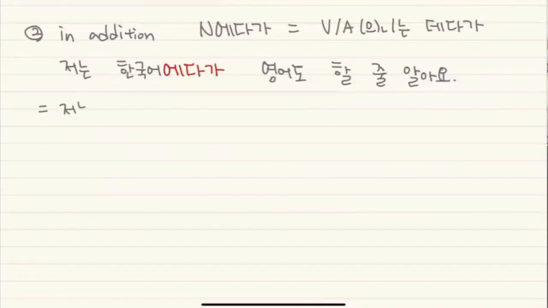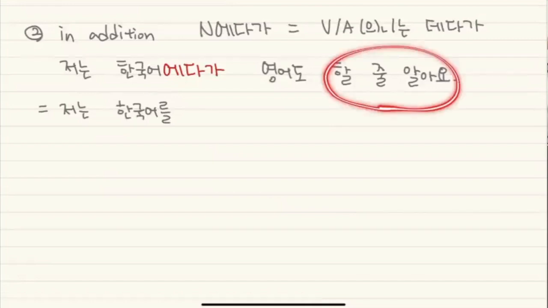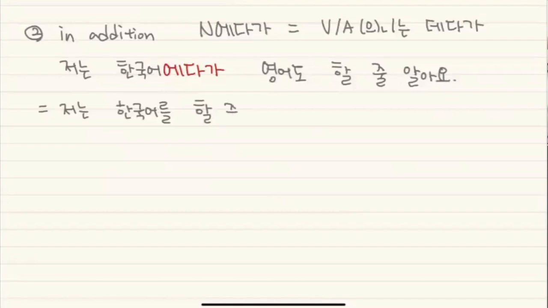저는 한국어를 할 줄 알다. 아는 데다가 영어도 할 줄 알아요. You can use this verb 2 times.